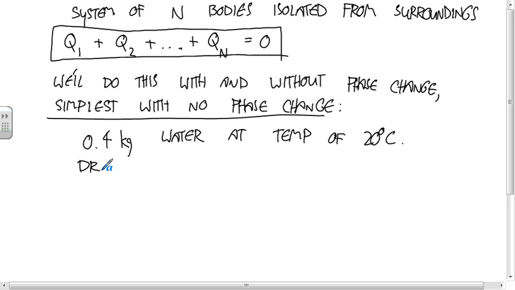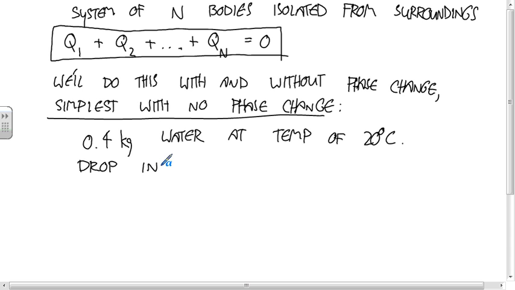And we drop in, well, I guess I'll just do this with water right now.